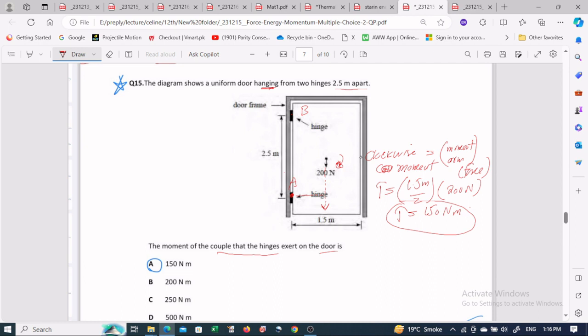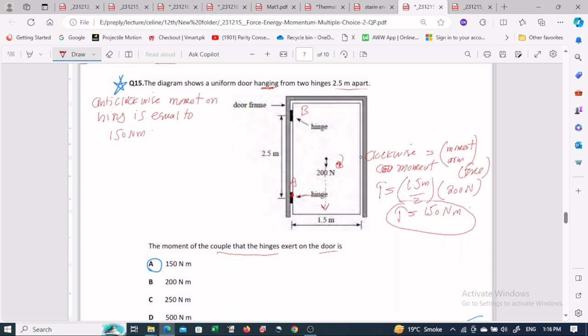So the anti-clockwise moment on the hinges must also be equal to 150 newton meter.